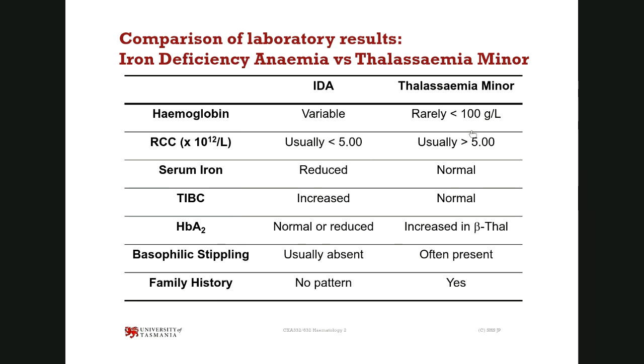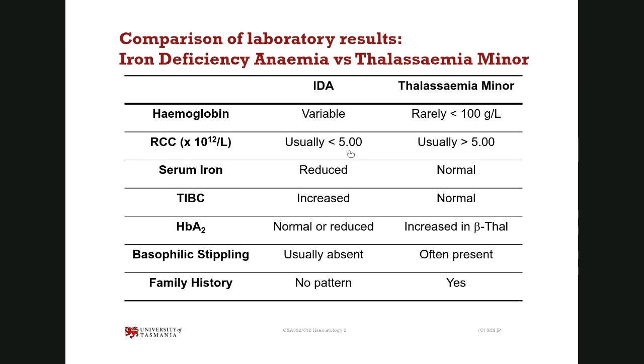Remember, we were talking about that there's a particular pattern that we see in thalassemia where we can get microcytic red cells, but the red cell count is often normal or increased even. So even though you've got a hemoglobin that might be low, you've got a normal or increased red cell count. Whereas with iron deficiency anemia, the red cell count usually mirrors the hemoglobin.